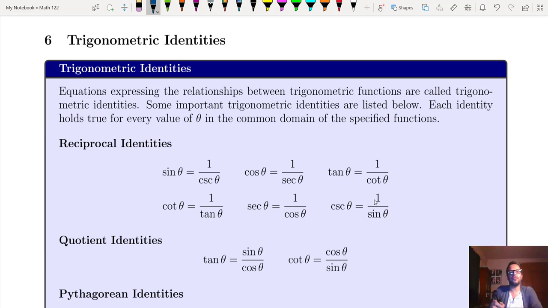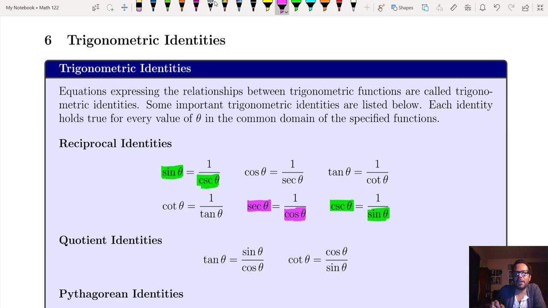So some that we already saw when we were evaluating trigonometric functions, we already saw that cosecant is the inverse of sine, and just the same way we can say sine is the reciprocal of cosecant, right? On the other hand, we already saw that secant is the inverse of cosine.